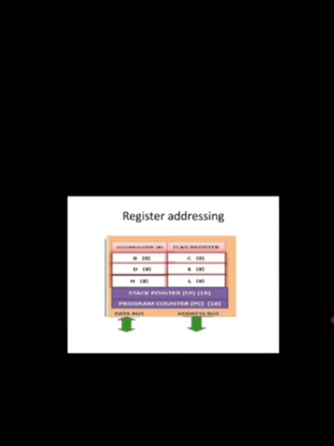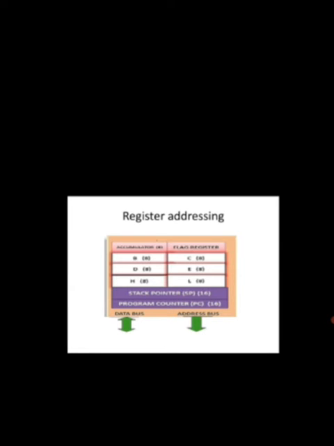We have seen the status register. The status register is nothing but the flag. A flag is a set of flip-flops, and the microprocessor has two flags, the carry and zero flag.